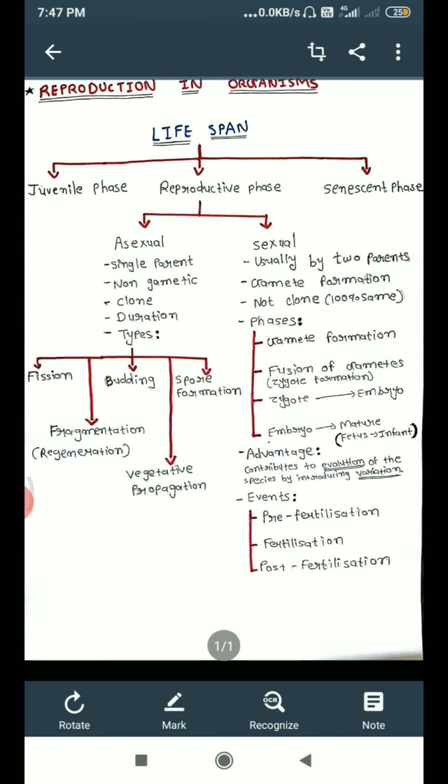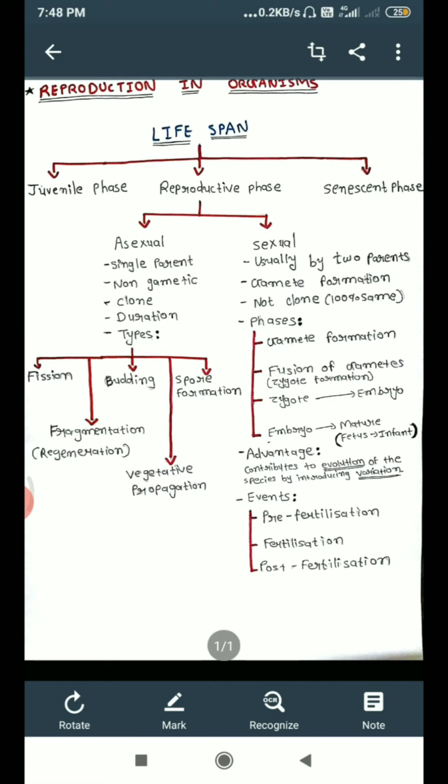Now in asexual reproduction, since only a single parent is involved, the offspring are exactly identical to their parents. That means clone. Clone is the term used for organisms that are exactly 100% identical to their parents.